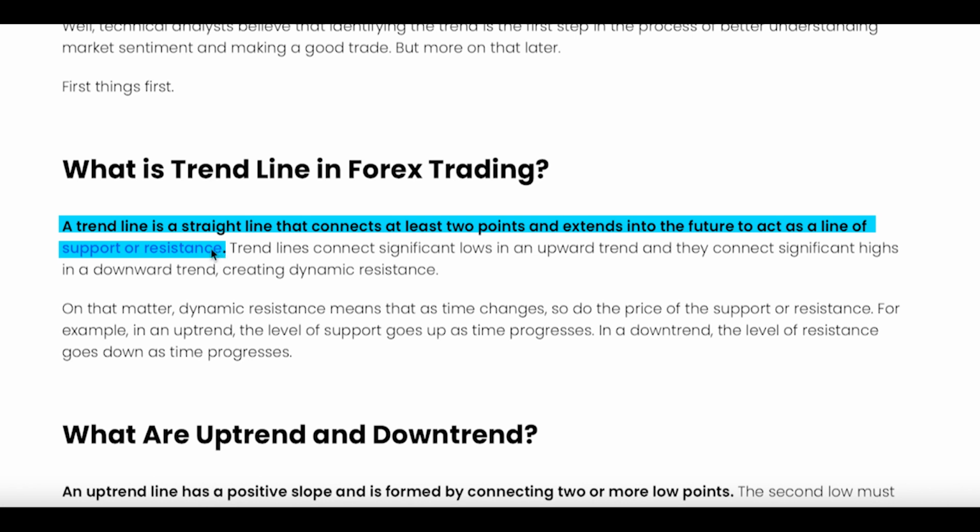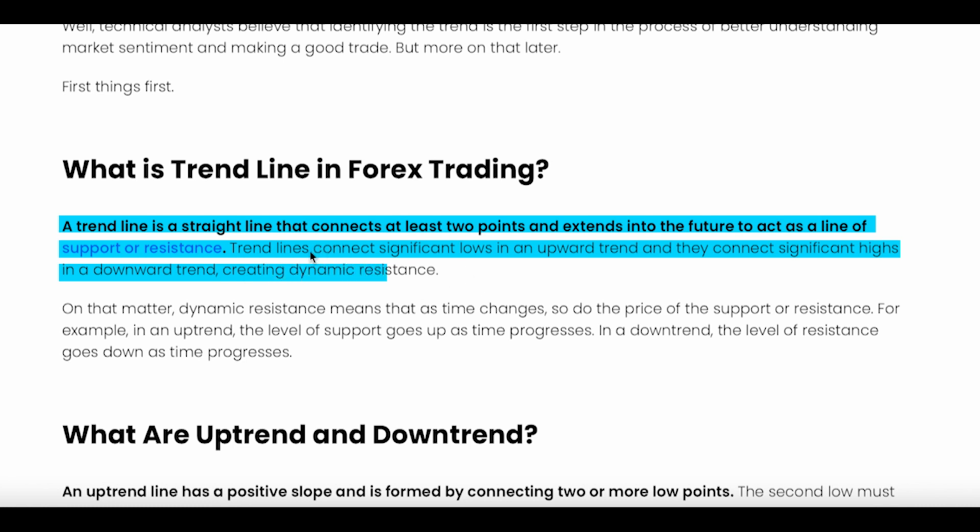A trend line is a straight line that connects at least 2 points and extends into the future to act as a line of support or resistance. Trend lines connect significant lows in an uptrend and they connect significant highs in a downtrend, creating dynamic resistance. So in a nutshell, this is the definition of a trend line.